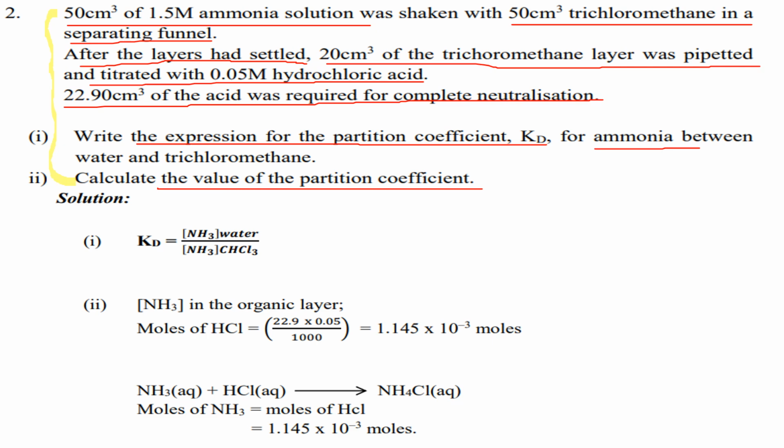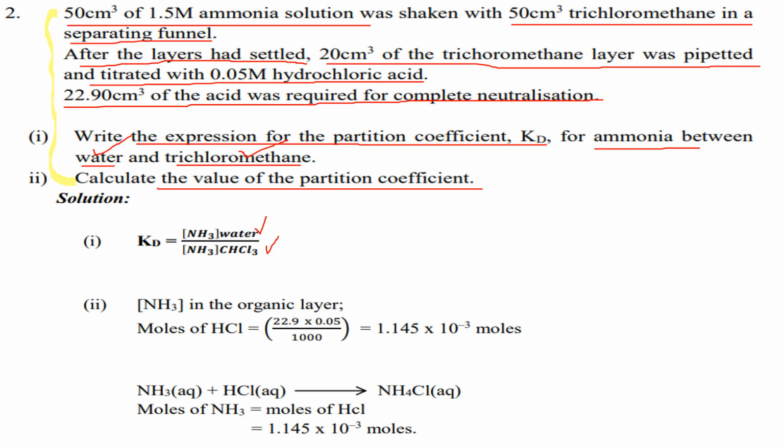So for Roman number 1, the expression for partition coefficient. The question was in terms of arrangement between water and trichloromethane. That means that in the numerator, you must have molar concentration of ammonia in water to the molar concentration of ammonia in trichloromethane, because that's the question arrangement, and that's what I've been talking about in terms of arrangement.